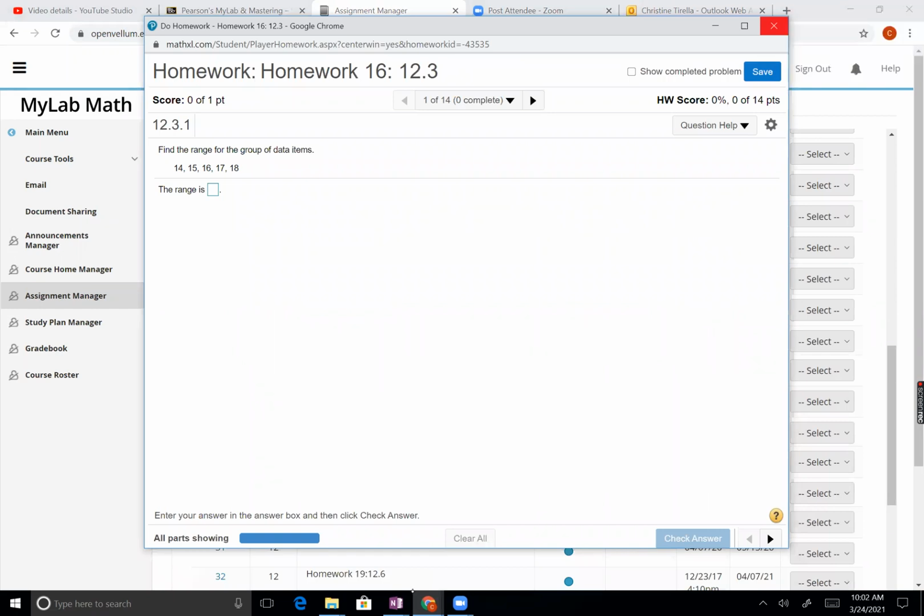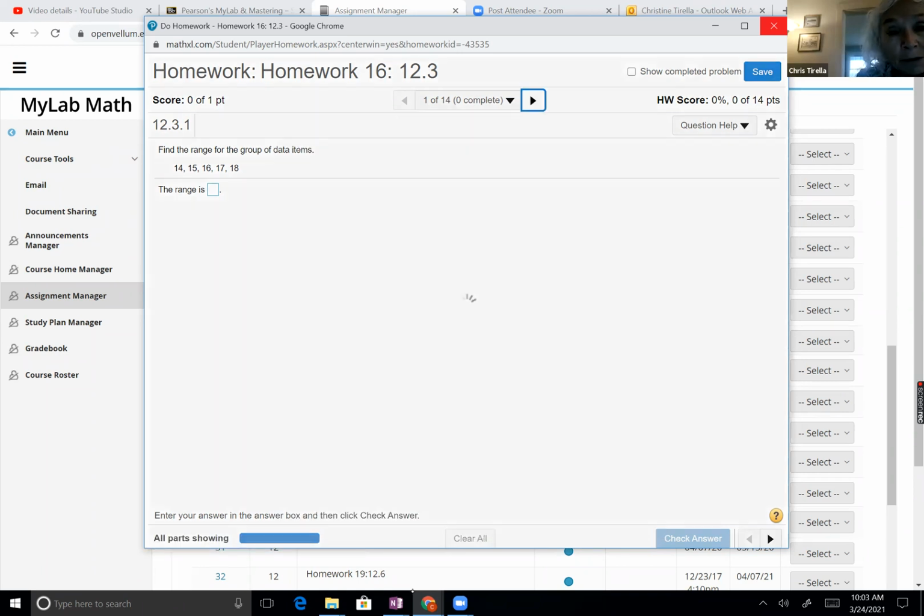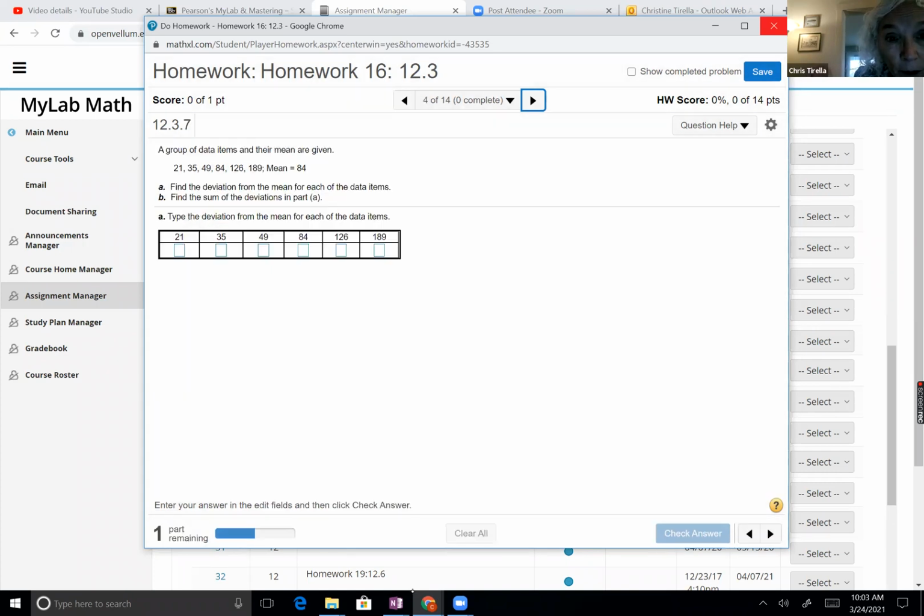The ones that were the long ones that have multiple questions, for some reason I kept getting partial credit on those. All right, let's scroll through and see if we can find one. Range was pretty straightforward. These, the deviations from the mean. Is that the ones that kept having questions?